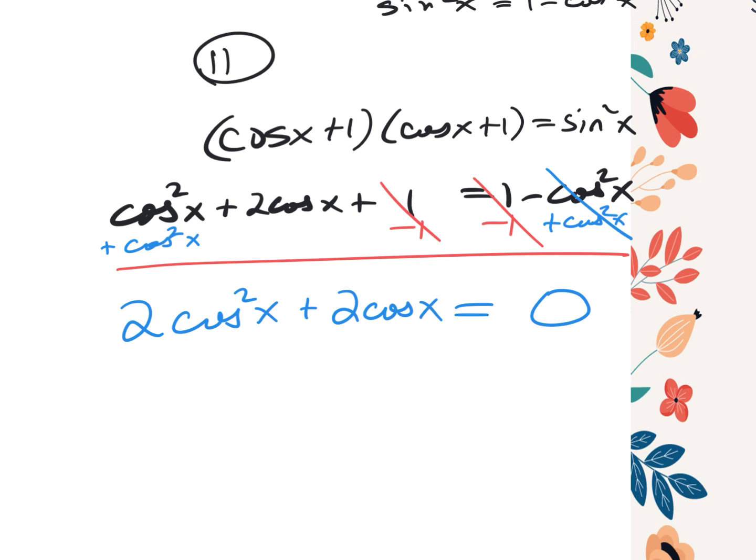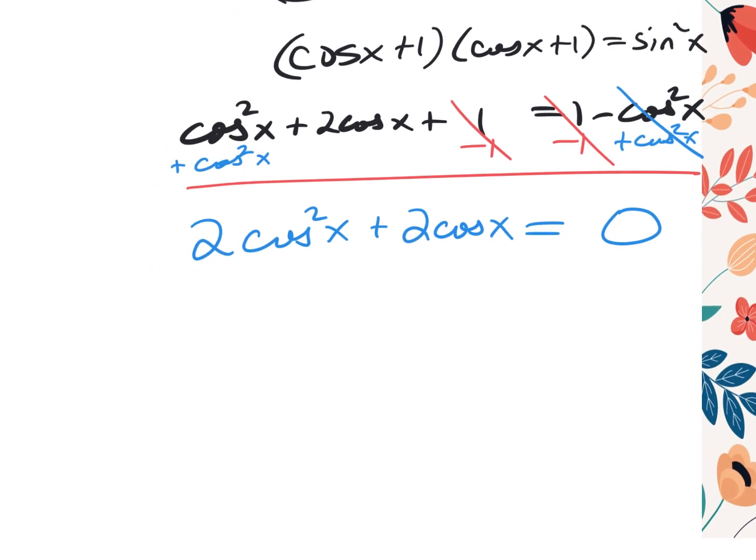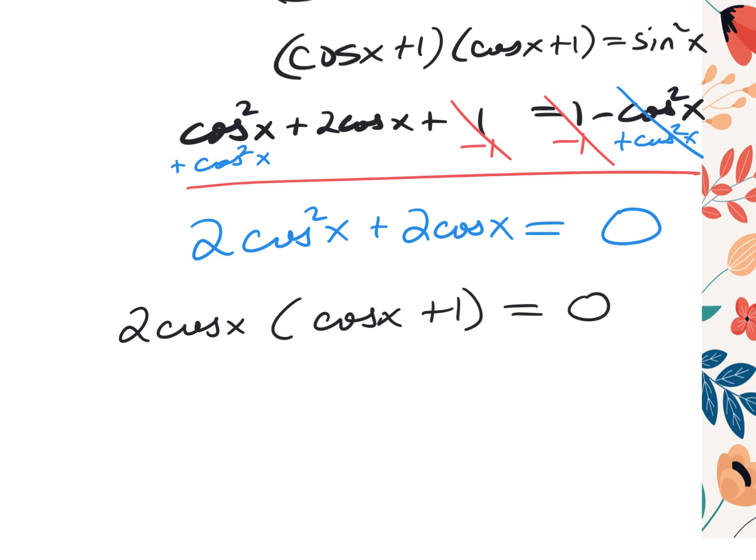Now what I'm going to do is factor this. I'm going to factor out a greatest common factor of 2 cosine x. So I'm going to divide both of these by 2 cosine x, and what remains is cosine x plus 1. I factored out a GCF.